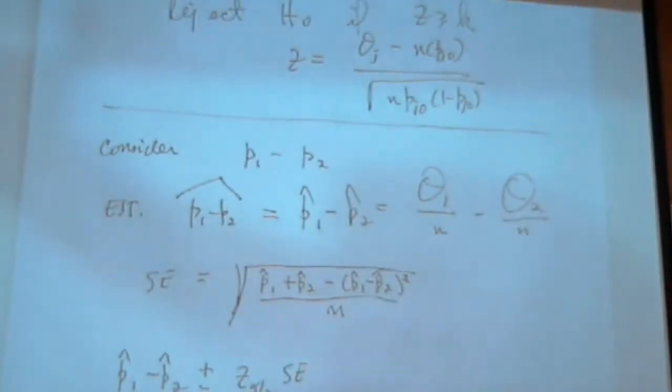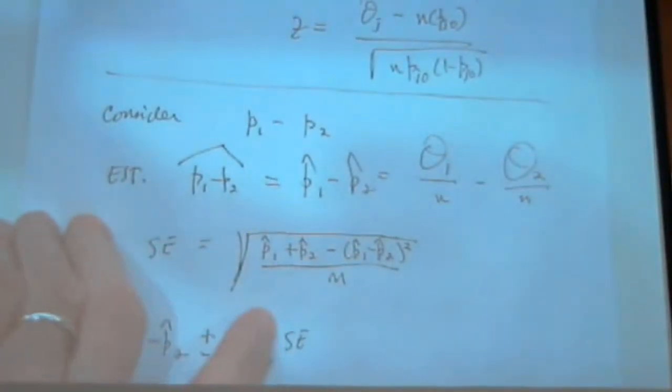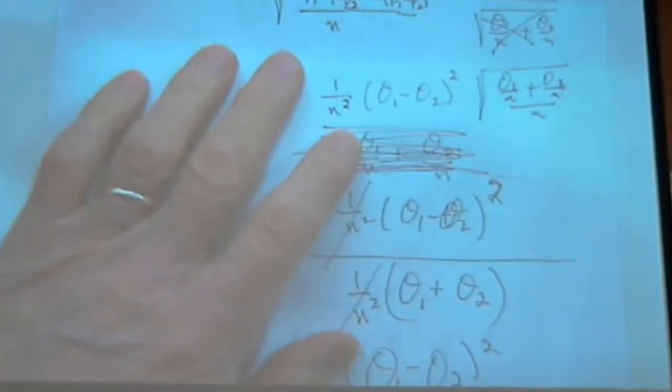And then we start talking about testing. You could set up a test like this. If you put the hats on the p's here, that would be a Wald-type test. But most often we design our test statistic under H0.